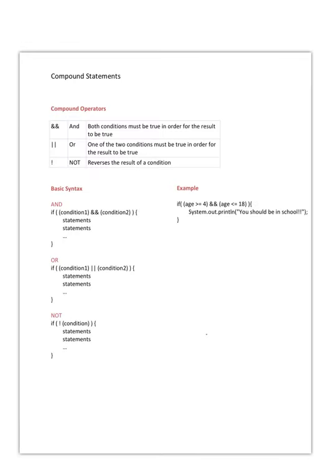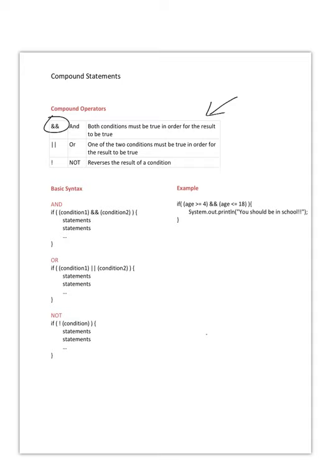And then finally, you have the ability to create what are called compound statements. Compound statements allow you to test multiple conditions and then use either and, or, or reverse the conditions. In the case of an and comparator, both conditions have to be true in order for the result to be true.